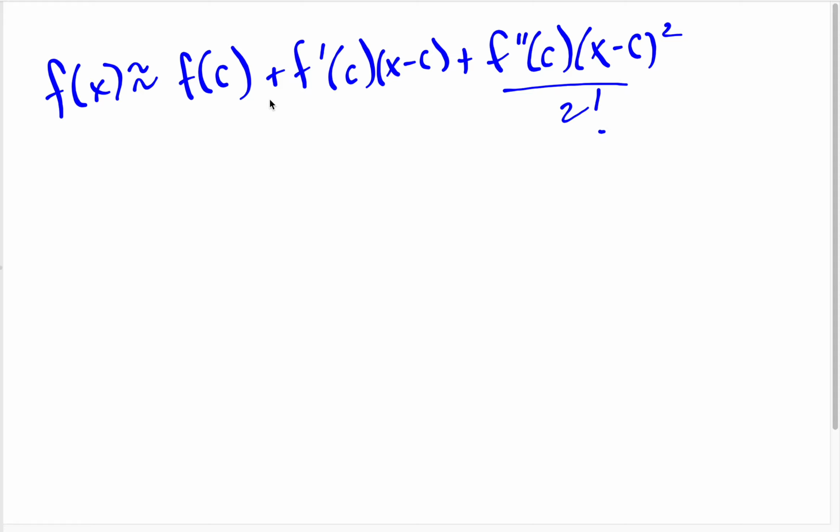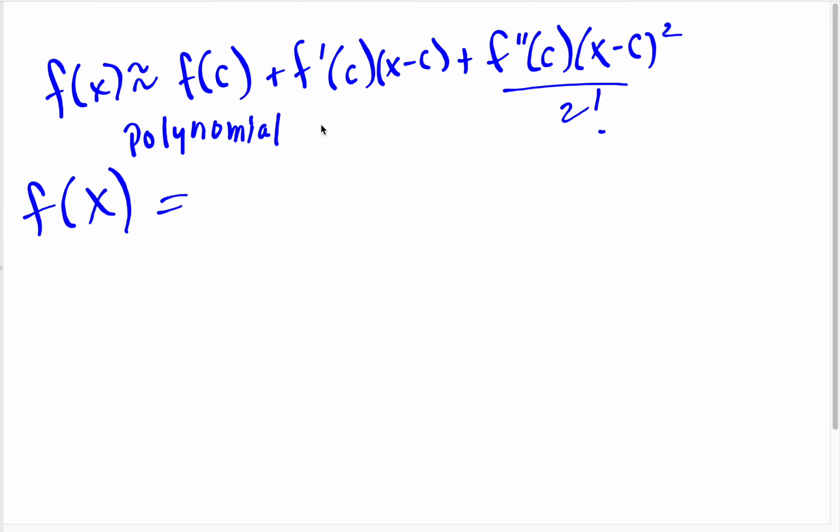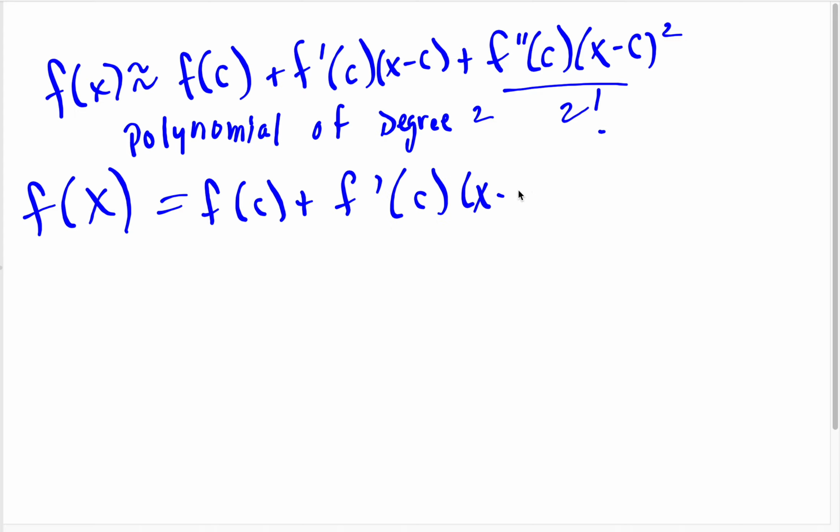So we would take 2 derivatives. We'll call this a polynomial of degree 2. When you're finding the series, you're doing the same thing.